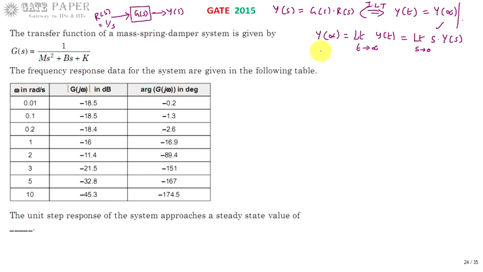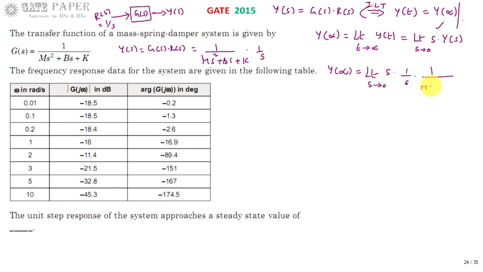Okay, so Y of s, first we need to calculate. Y of s is equal to G of s into R of s. G of s is 1 by ms square plus bs plus k, into 1 by s, which is R of s. Now you will use the equation Y at infinity, that is the steady state value, which is the final value: limit s tends to 0 of s into 1 by s times 1 by ms square plus bs plus k.